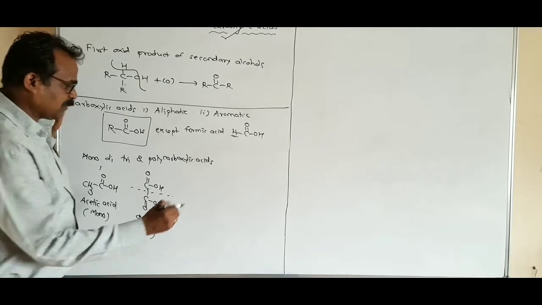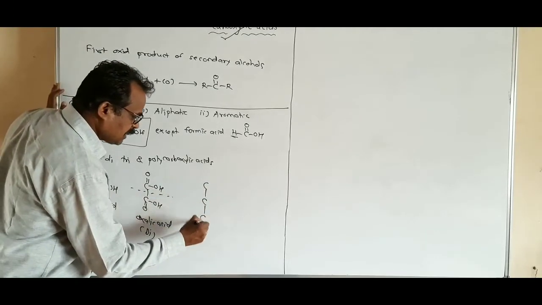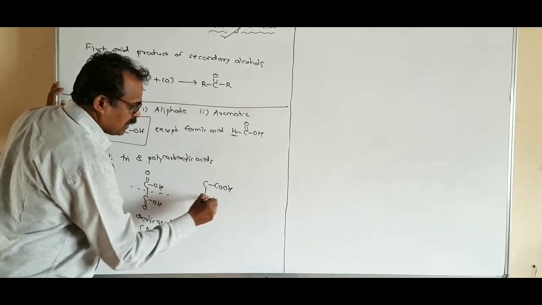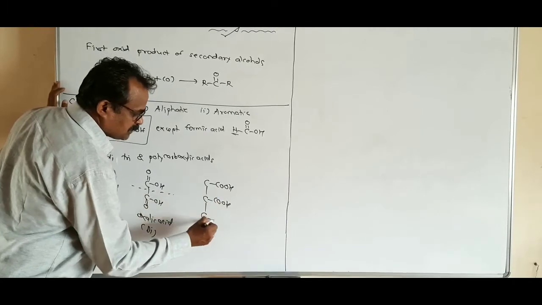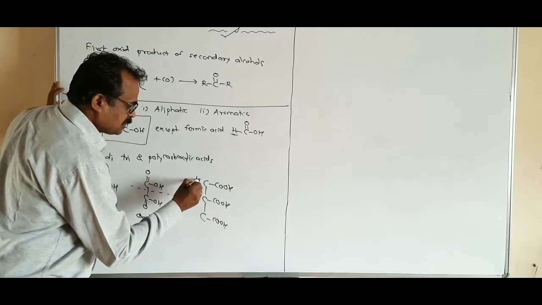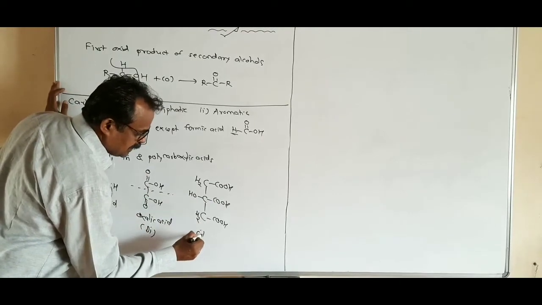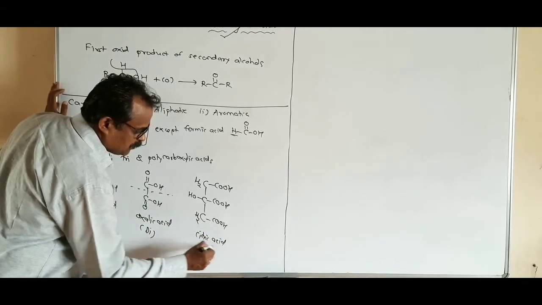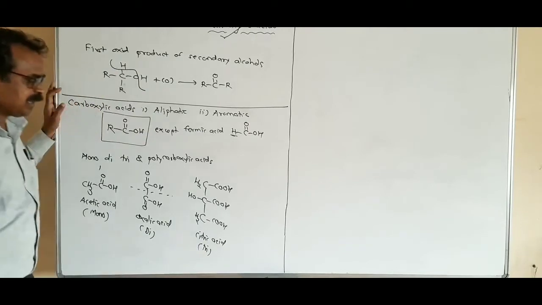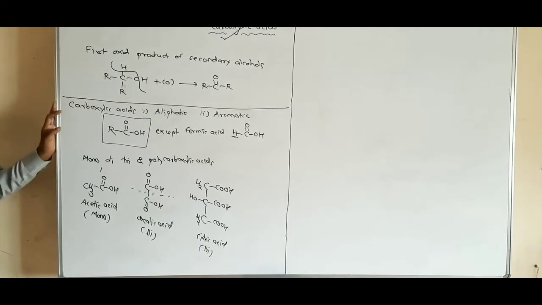And if the carboxylic acid contains three carboxylic groups, it is called tricarboxylic acid. Example, citric acid.